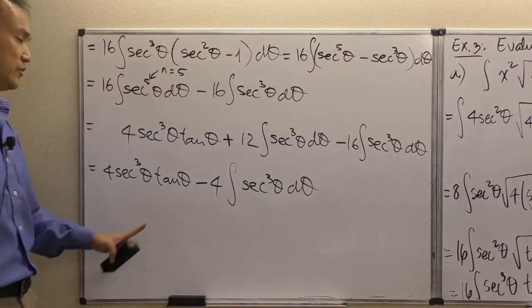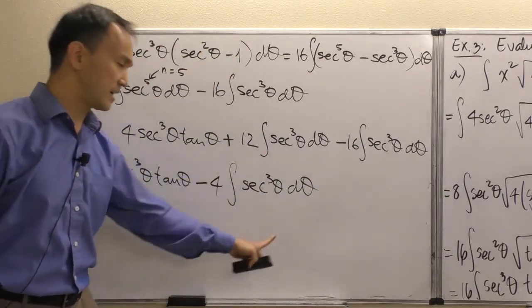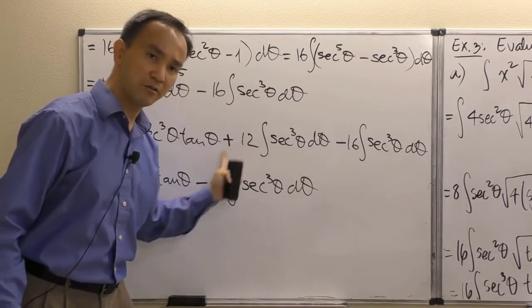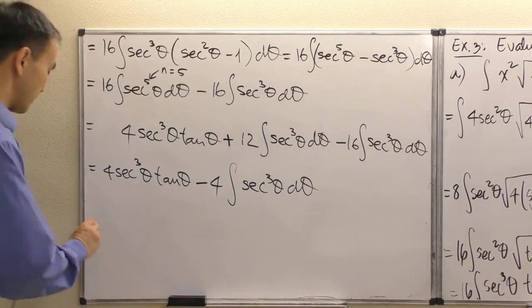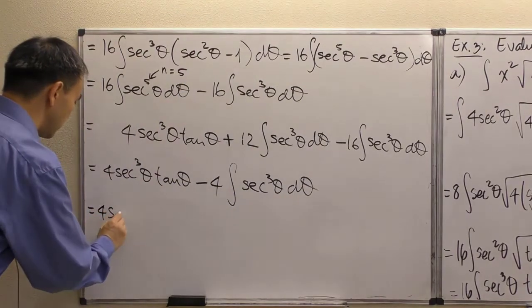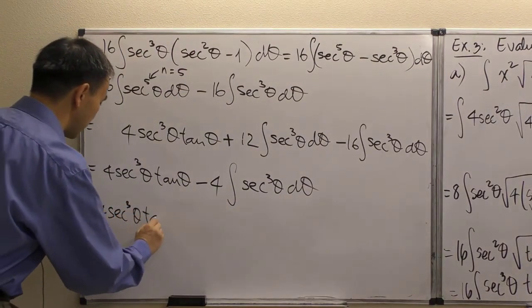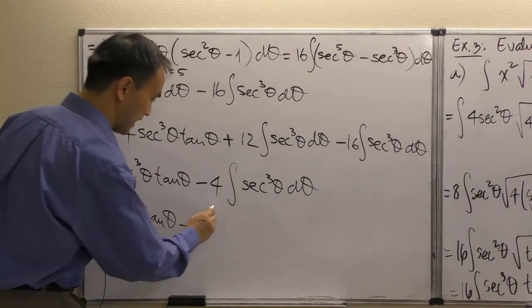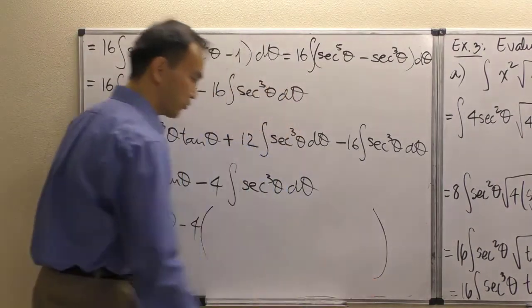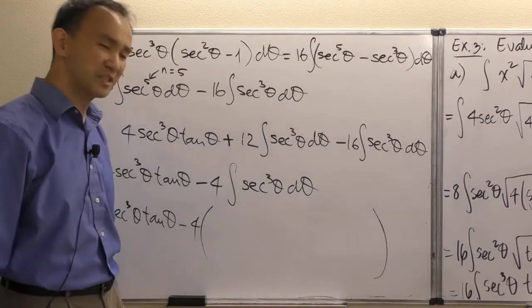Okay, and so now I am going to apply that power reduction formula again on this secant cube theta. So it's 4 secant cube theta tangent theta. The first term here stays the same, minus 4. Okay, and I have to be extremely cautious with my sign this time.